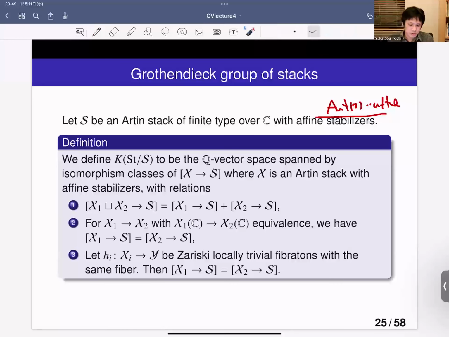So then I define this group. This is a Q-vector space generated by the symbol [X to S], where X is an Artin stack over S, and also with affine stabilizers. Yes, I think I forgot to write Artin stack of finite type.